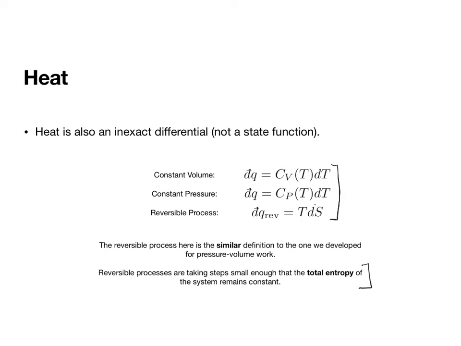And so these dS's are super small steps. And so we can say that the number of microstates that we're changing with each step is really very small. And we can assume that that total entropy is staying constant.